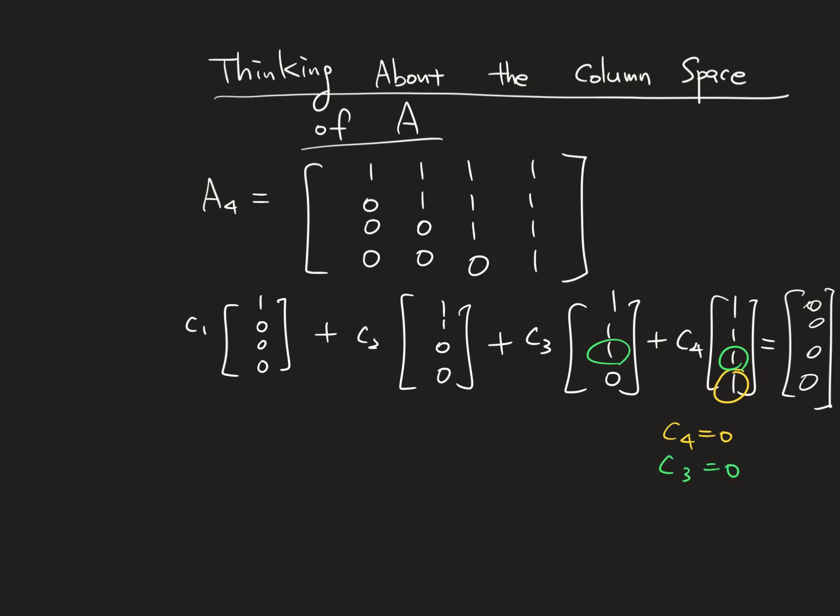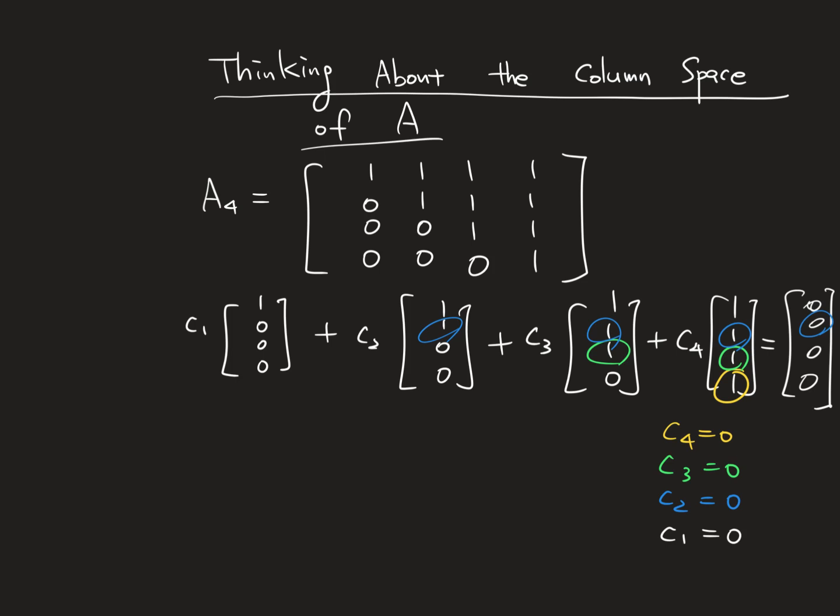Similarly for the second component, C3 and C4 are already 0, so C2 should be 0, and similarly C1 should be 0. So we have only the trivial solution.